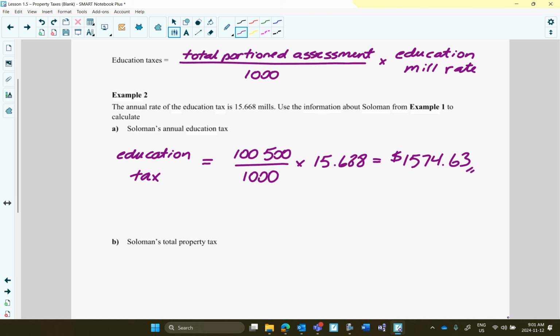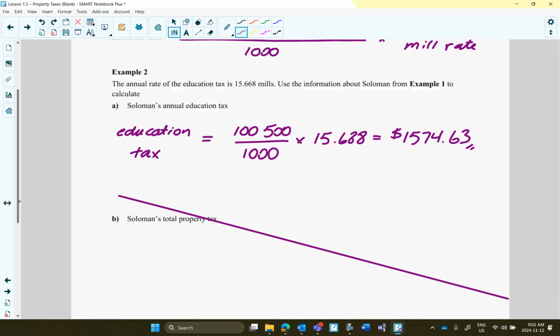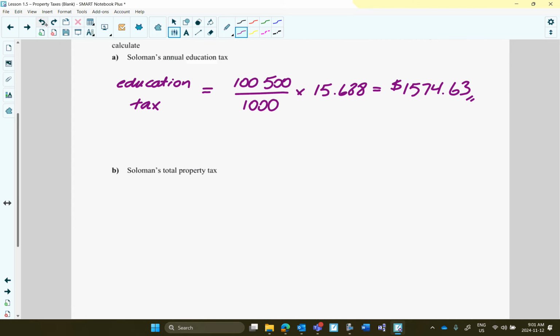So that's added to the property taxes. To get his total property tax, it's going to be the municipal taxes, and remember, the municipal taxes were split into general municipal and local improvement, but we'll put those together and call that municipal, plus the education taxes.